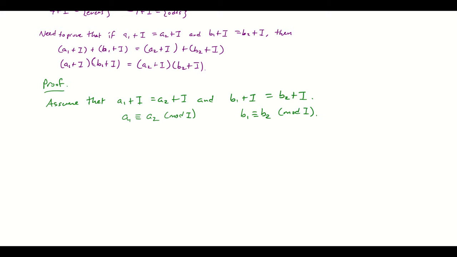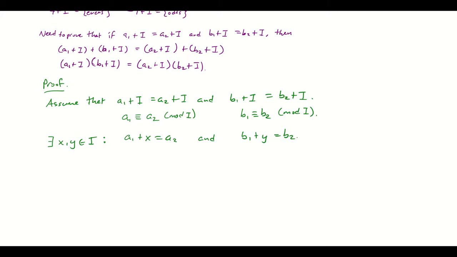This means that there exist, let's call them x and y, both belonging to the ideal, such that a1 plus x is equal to a2, and b1 plus y is equal to b2.